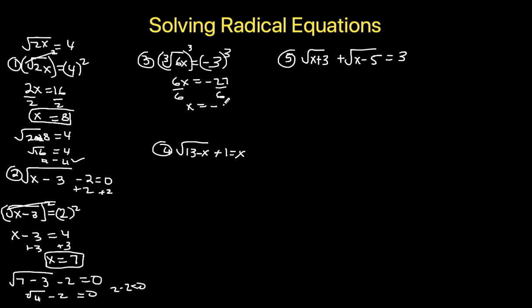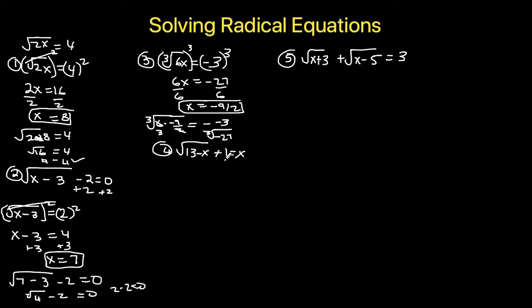You'll get negative 9 over 2. To plug this in, I have the cube root of 6 times negative 9 over 2 to see if this will equal negative 3. 2 goes into 6 3 times. So now I have the cube root of negative 27, which does equal negative 3, so it works.